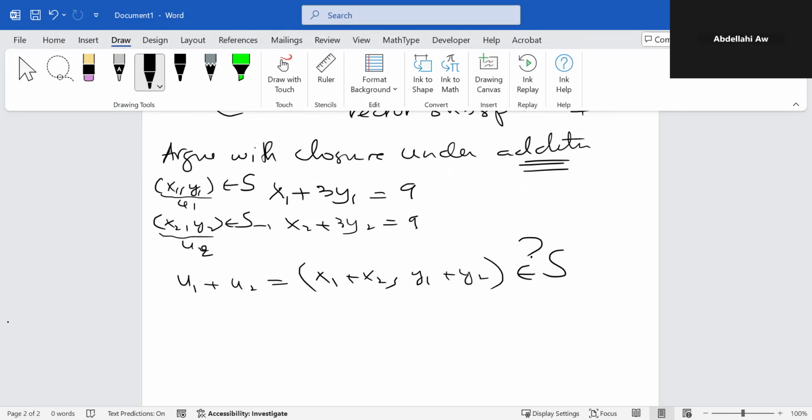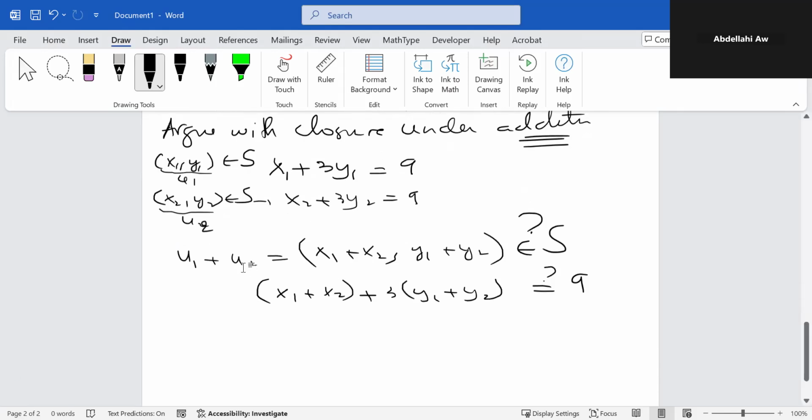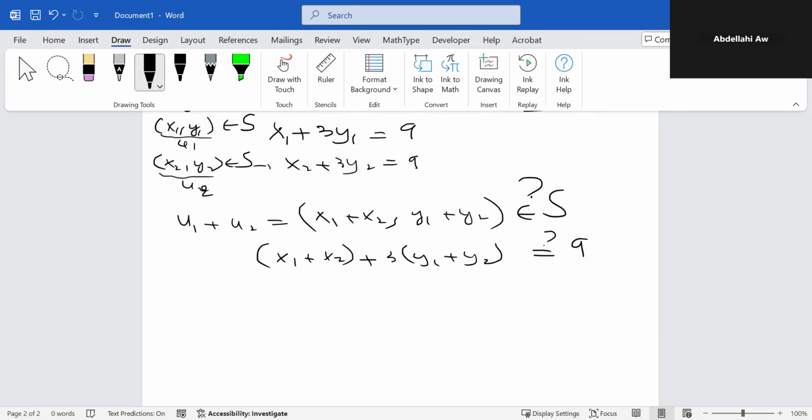So we're going to plug that into the equation of S, which means x1 plus x2 plus 3 times (y1 plus y2). We want to know if this is equal to 9 or not. That's a test. Now we arrange this one.